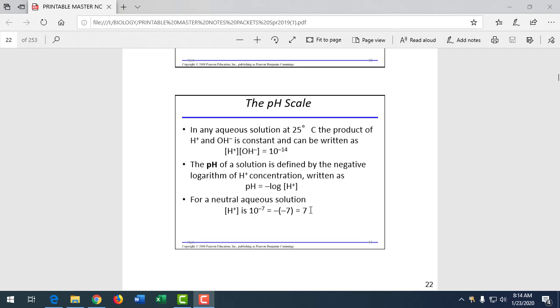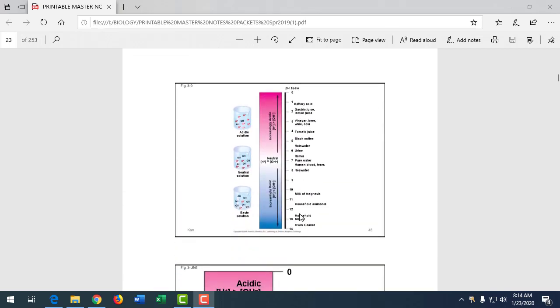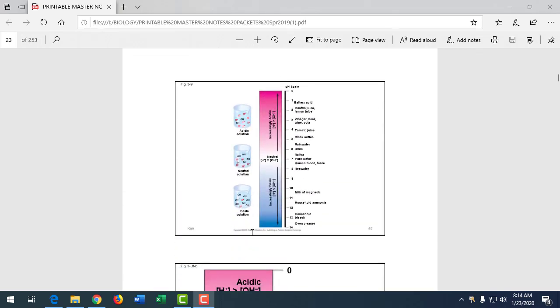Now if you think about that number, and you look at the pH scale, I'm going to switch to this so I can still record.